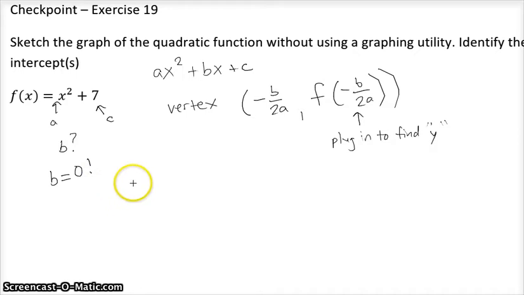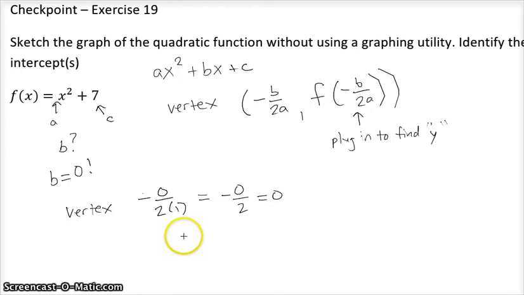So if I'm going to find the vertex, what we're going to get is negative 0 over 2 times 1, again, 1 being this number here. So I'm going to get negative 0 over 2, which simplifies to 0.